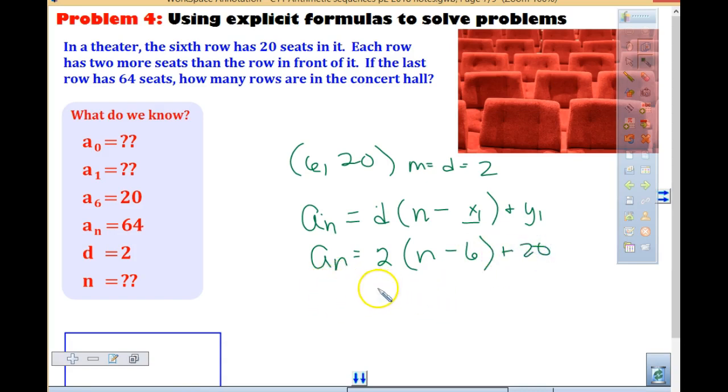Use your distributive property. a_n = 2n. This is going to be a negative 12. Negative 12 plus 20 will give us a plus 8. So if we are looking at this, it says, well, which term is 64? 64 = 2n + 8.